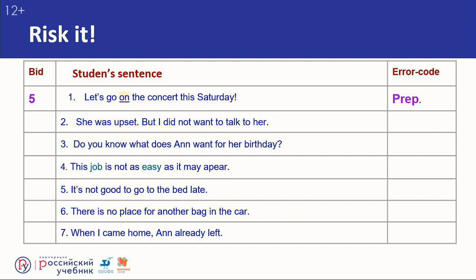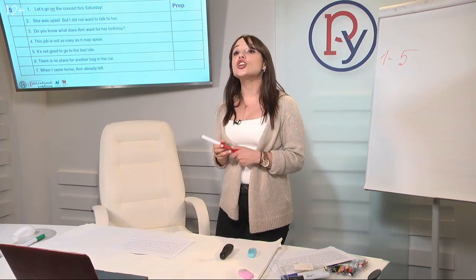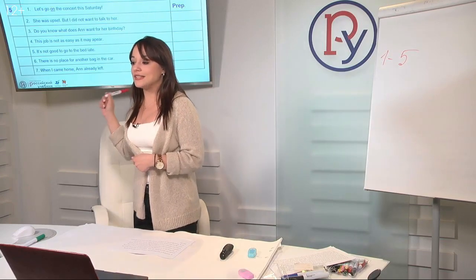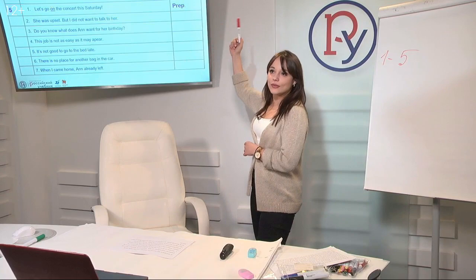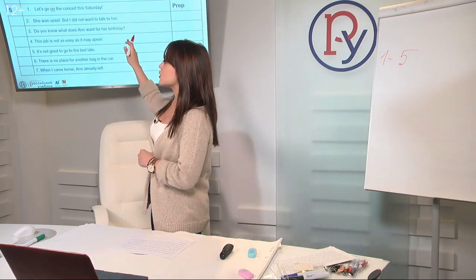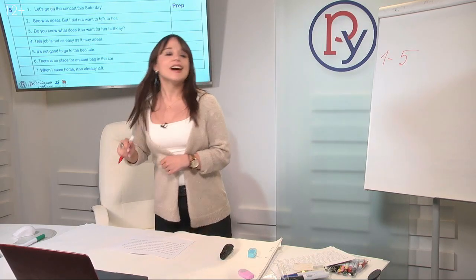Here, on the scale from 1 to 5, you need to evaluate how sure you are about having detected a mistake and chosen a proper error code. So if you're really sure, honestly, I was sure. I actually turned to the dictionary and checked.